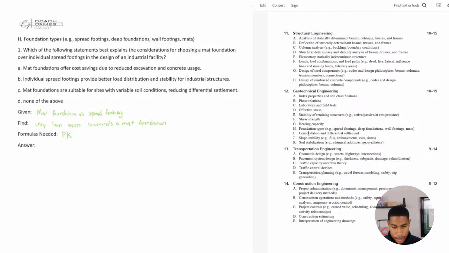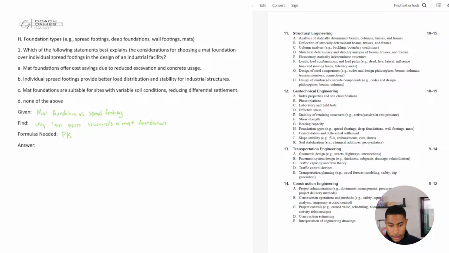I took some notes just to share different points with you, and then we can go through the answer. Typically mat foundations, also known as raft foundations, distribute the load of a structure more uniformly over a very large area.